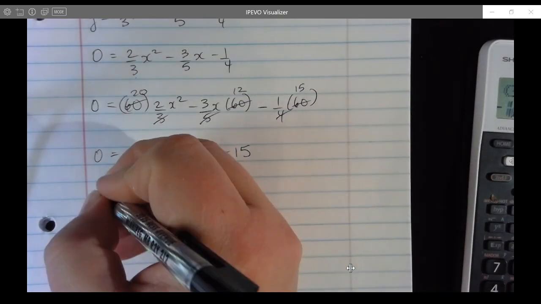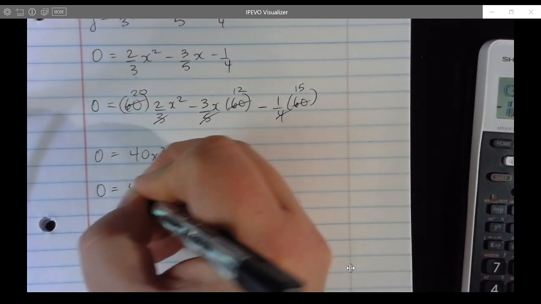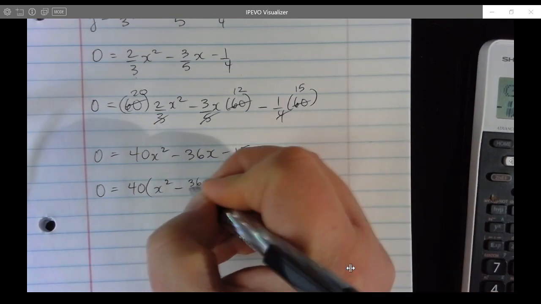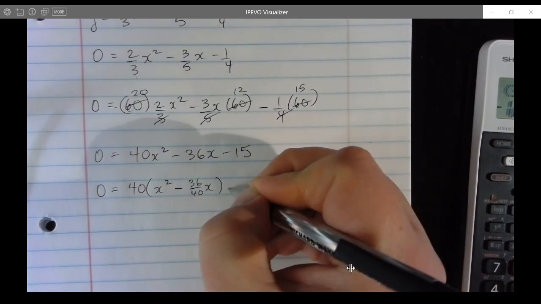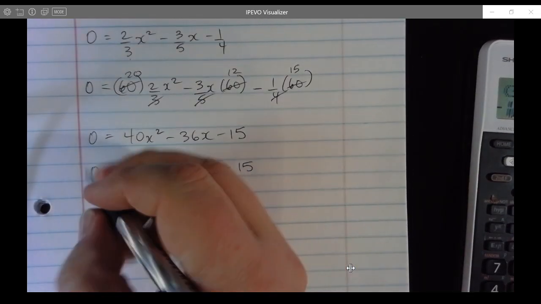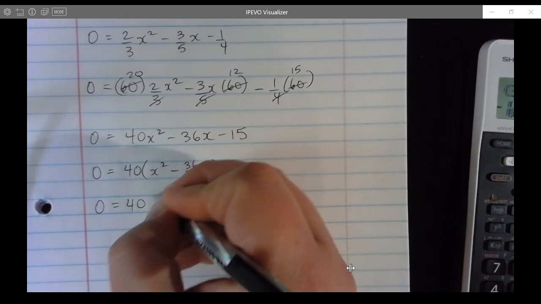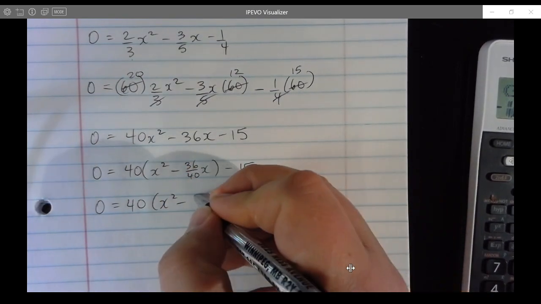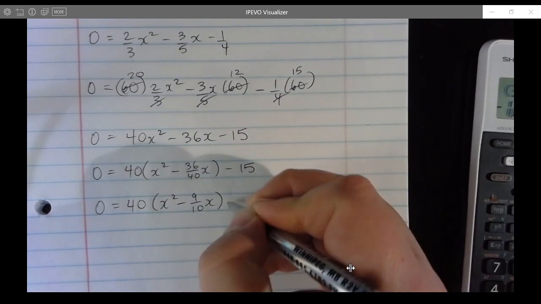Step 1, we are going to factor out a 40. So that's going to be x squared minus 36/40 x minus 15. I can simplify that, which I'm going to do. That's going to be x squared minus, these two things have a 4 in it, so that's 9/10 of x minus 15.